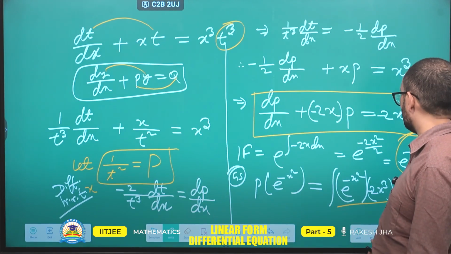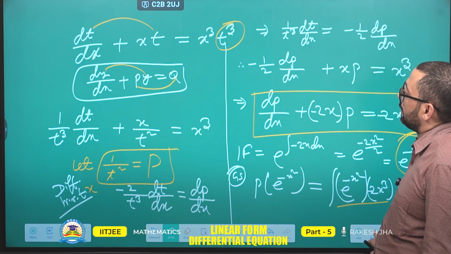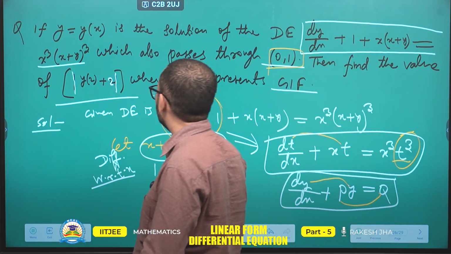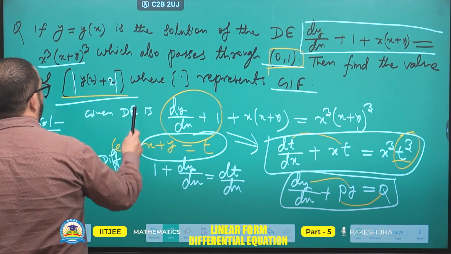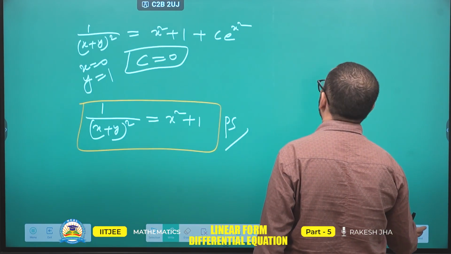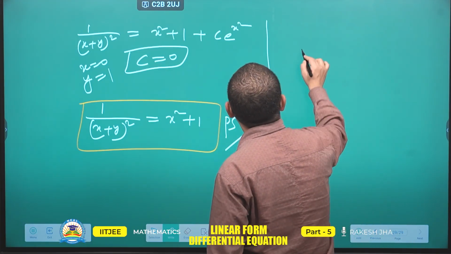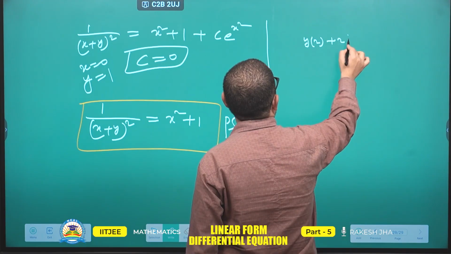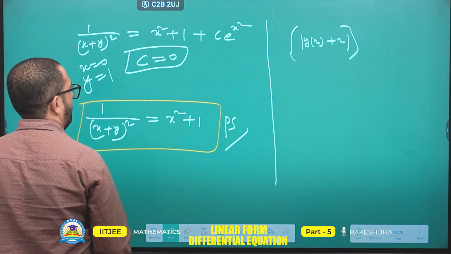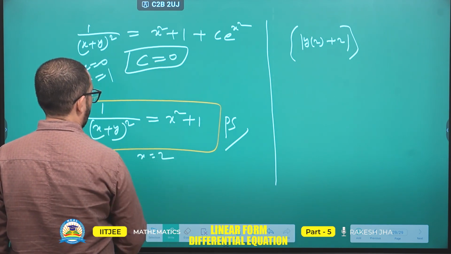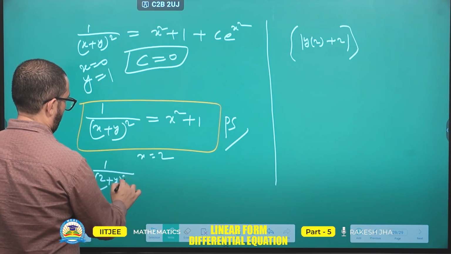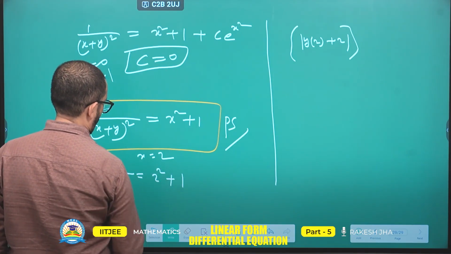Now in the question, what they are asking about is the modulus of y of 2 plus 2, and then it is in the greatest integer function. So put x is equal to 2, then what will happen? 1 upon 2 plus y whole square is equal to 2 square plus 1.